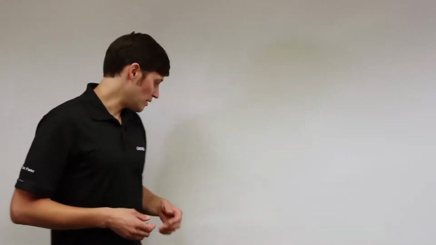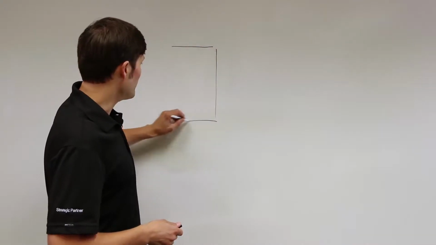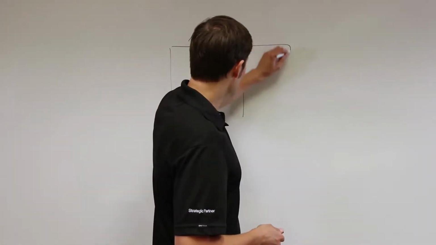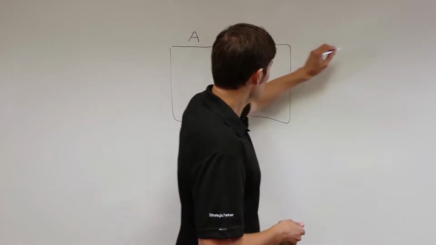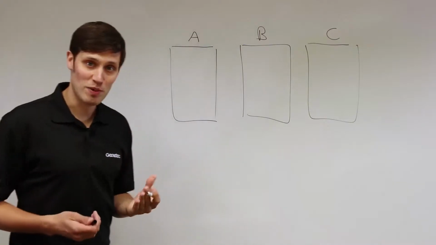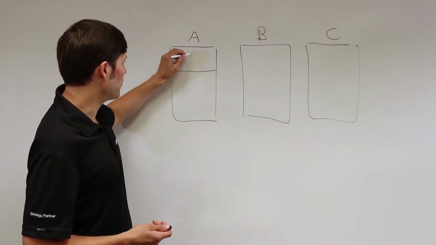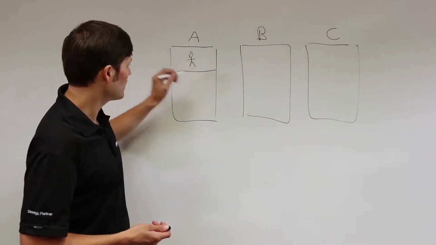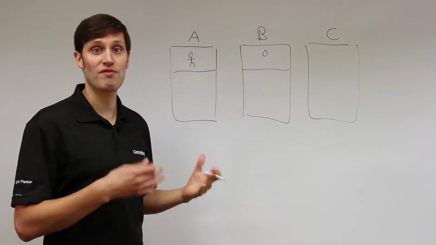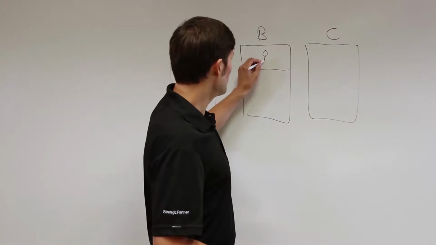So let me give you an overview. Let's say you have 3 buildings, okay? So you have building A, building B, and building C. In each building, you have an employee, and in another building, another employee from the same department.